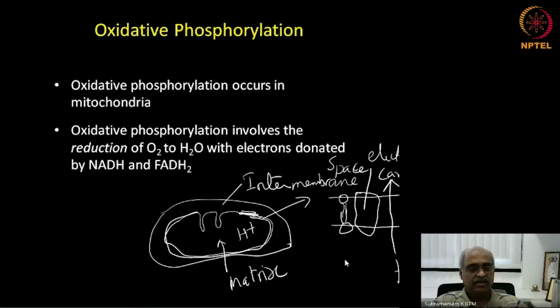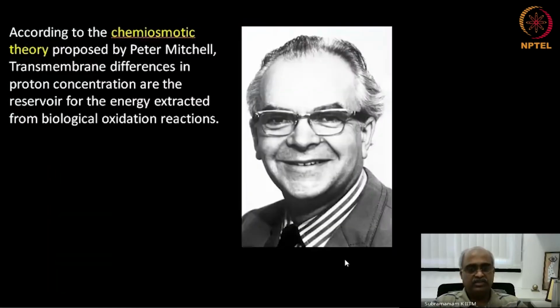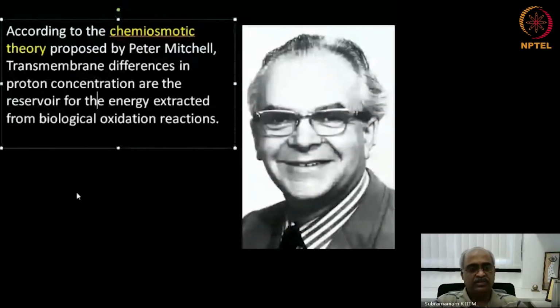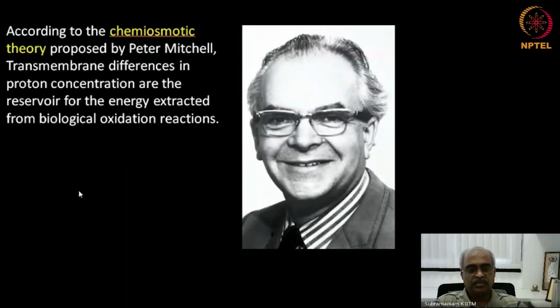So let us go and look at individual steps. This proton gradient being generated and being responsible for the ATP synthesis, this entire thing collectively is called the chemiosmotic theory. This was proposed by the British scientist Peter Mitchell, shown here, and he won the Nobel Prize for this because this is one of the central findings in all of biology.